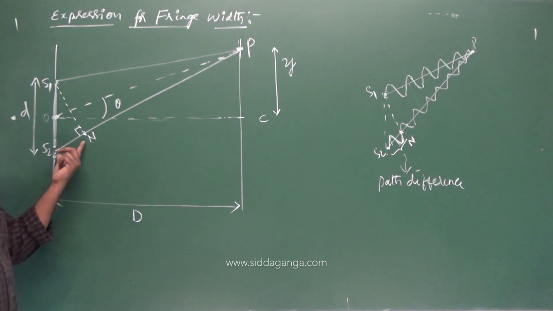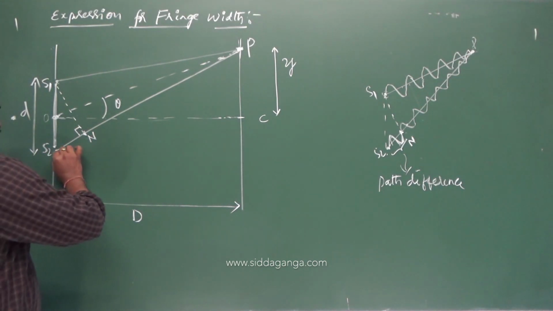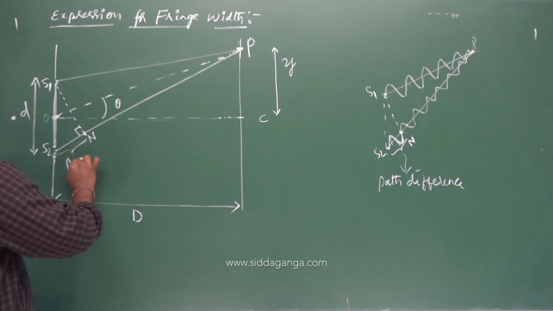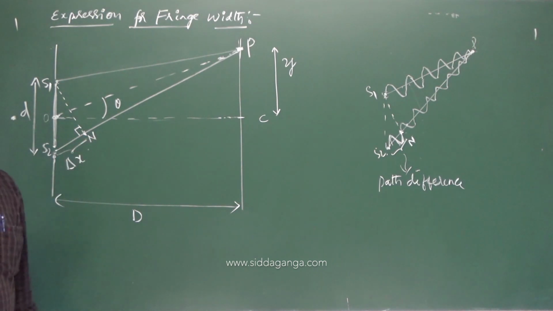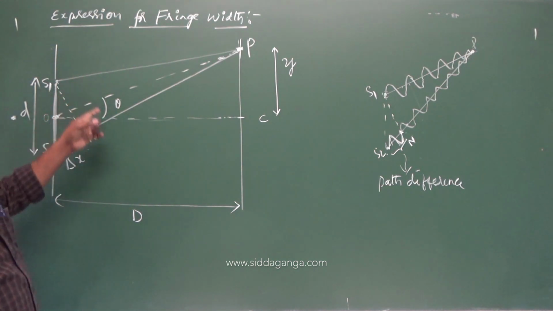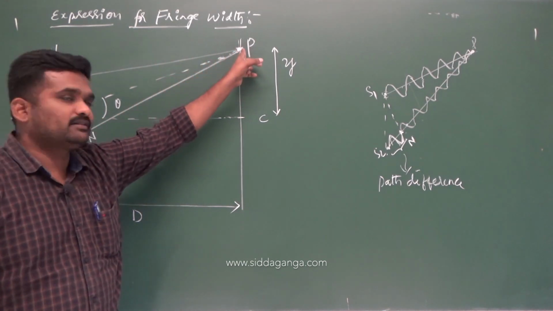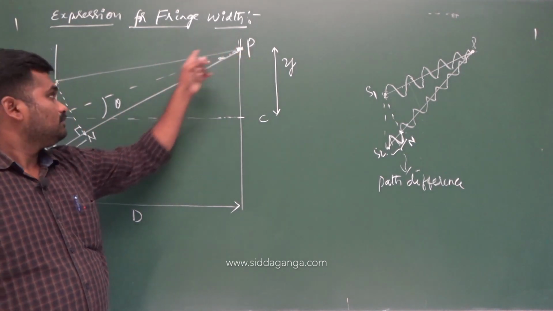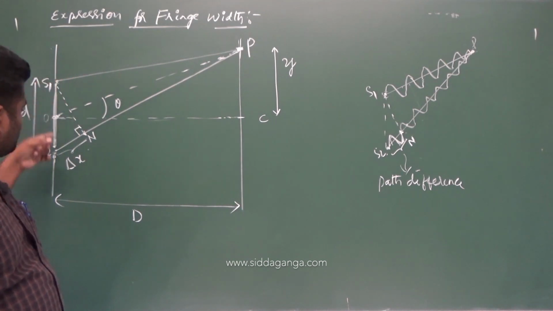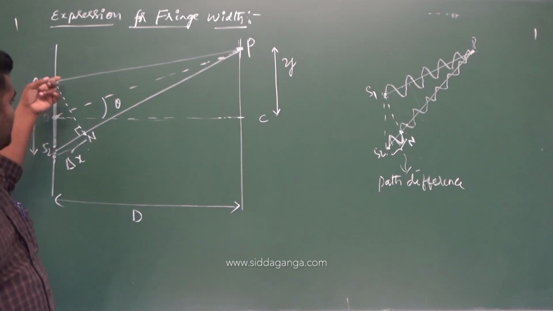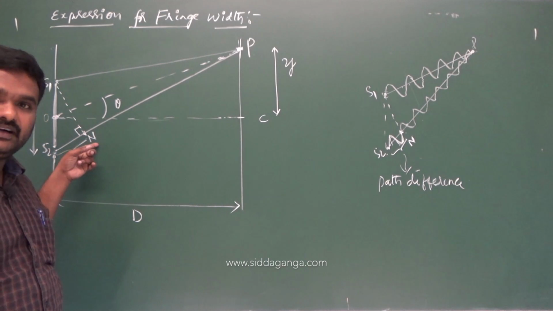So in our relation, this S2N I am going to call as delta X. What do you call that delta X? The path difference between the two waves which are superposed to form a certain intensity pattern on the screen. The two waves from these two slits S1 and S2, remember, these two are already coherent sources we have defined.